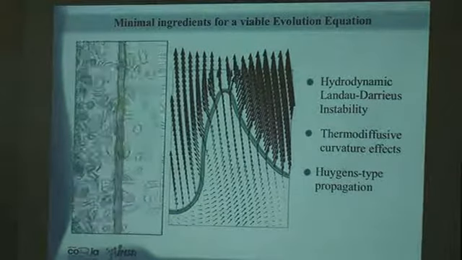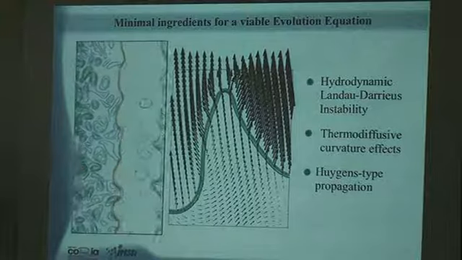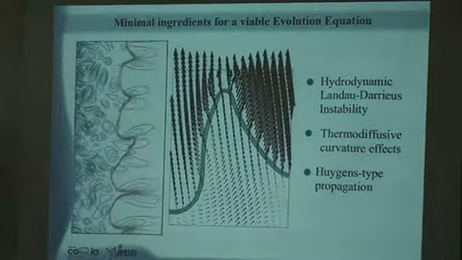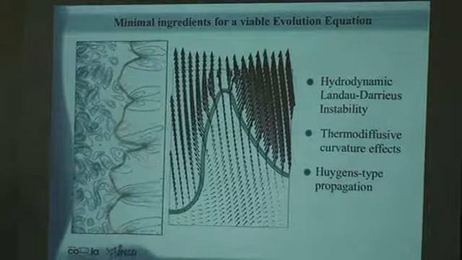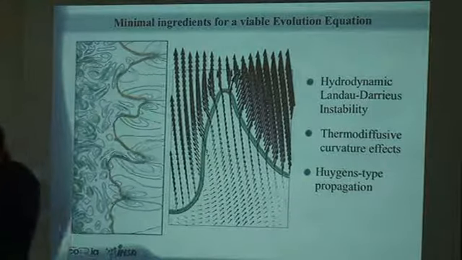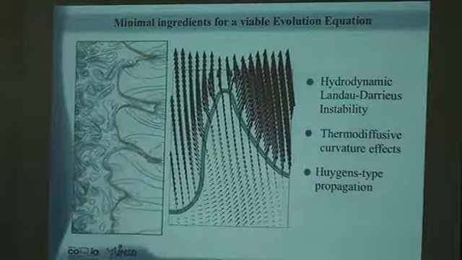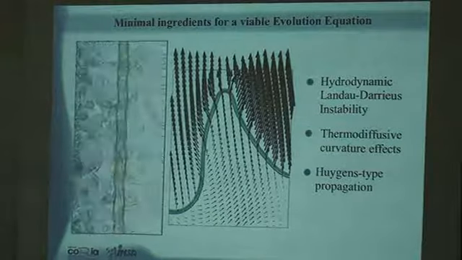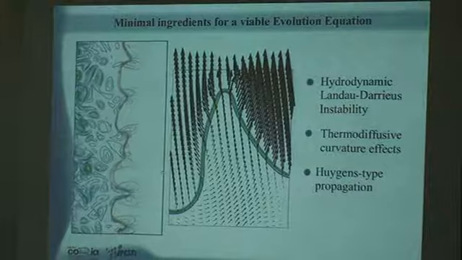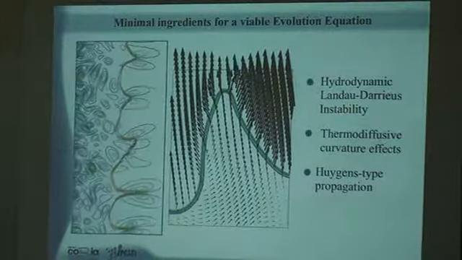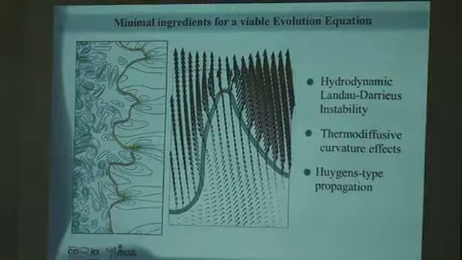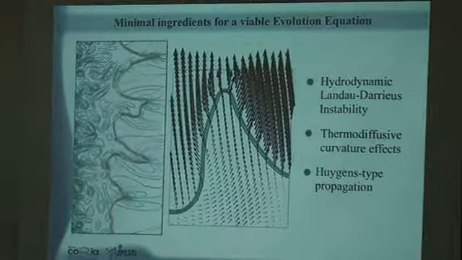So if your flame is too curved, you will have curvature effects, which resemble, but it's not the same, which resemble a thermodiffusive effect. But what do you mean when you say thermodiffusive effect? A diffusion of heat, of thermal energy or temperature, or the diffusion of molecules? Both.